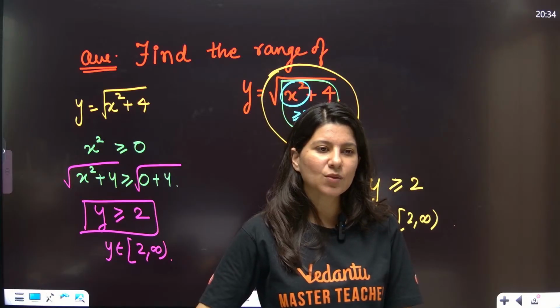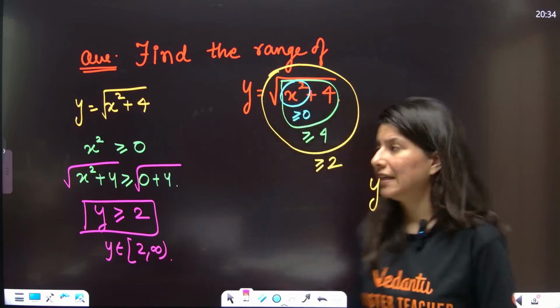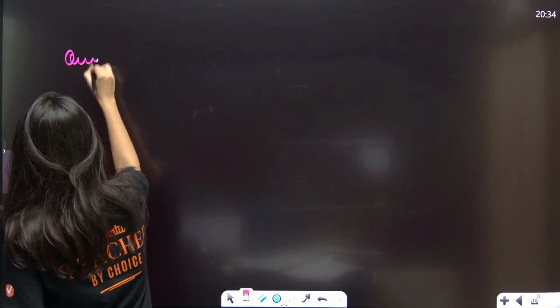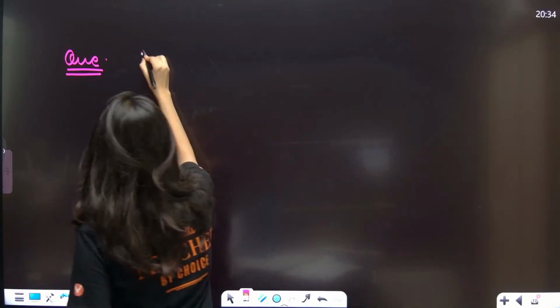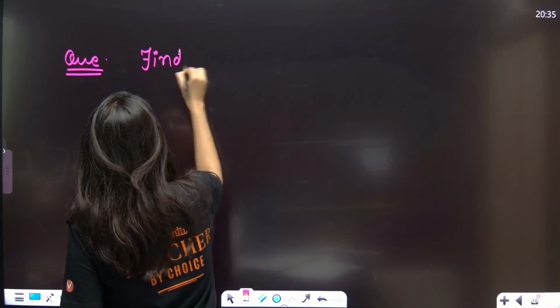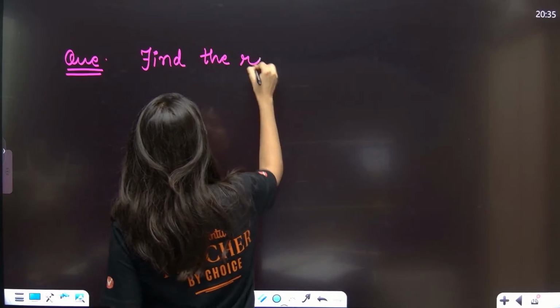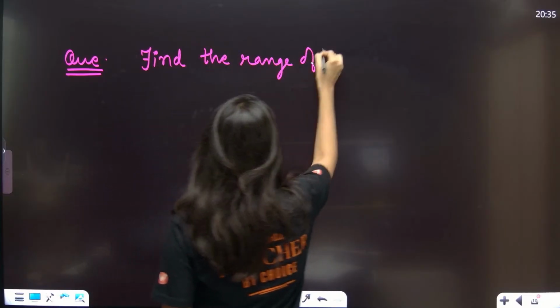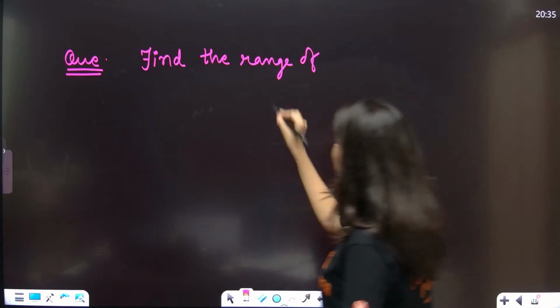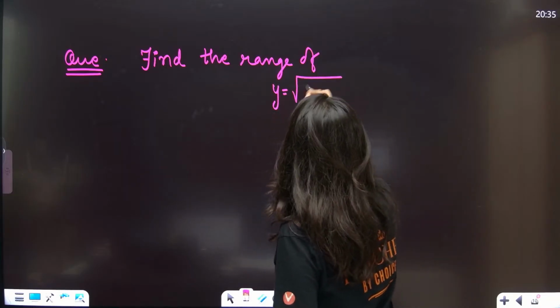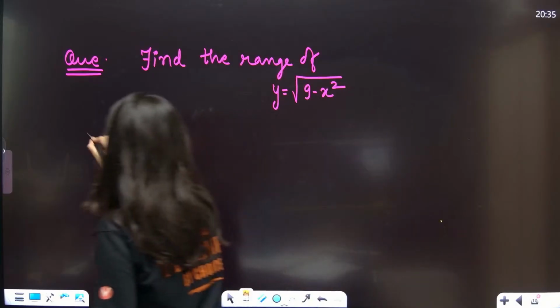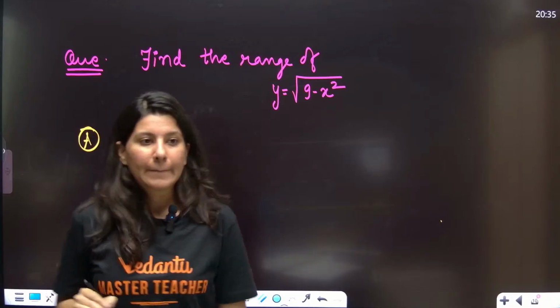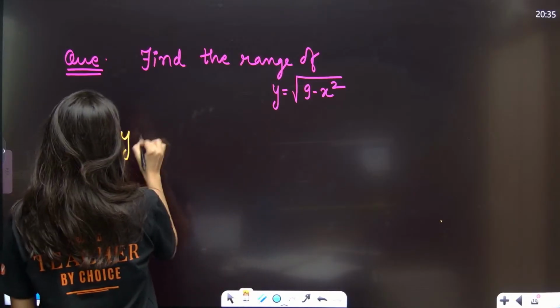Are we ready for the next question? Let's see how many of you are able to calculate the next thing. Find the range of y equals to square root of 9 minus x square. And the options are: option A, y belongs to 0 to 3.